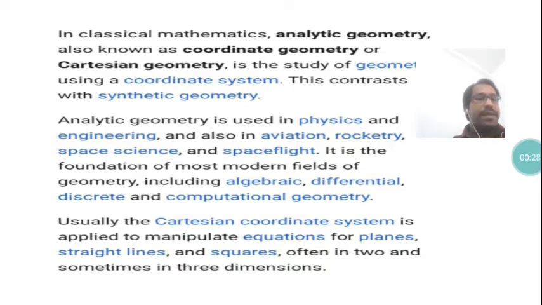Many things are possible because we have knowledge of coordinate geometry. It is written here in blue words: algebraic and computational geometry, and it is used in physics, aviation, rocketry, and space science. So that is a very important topic.